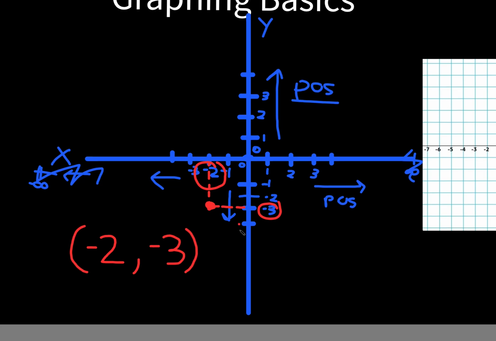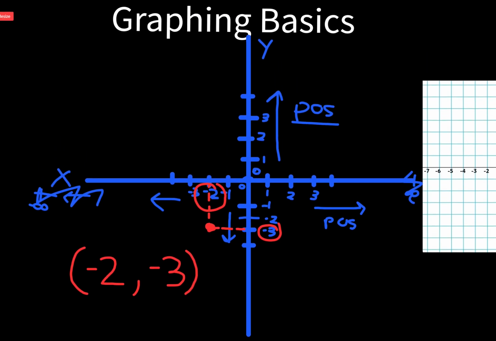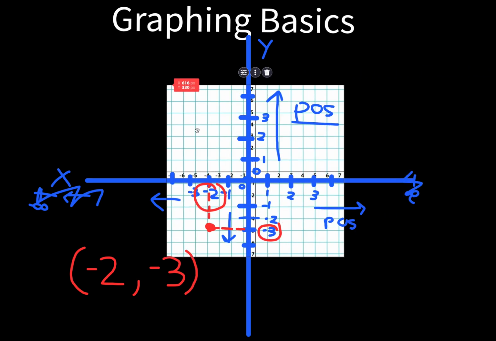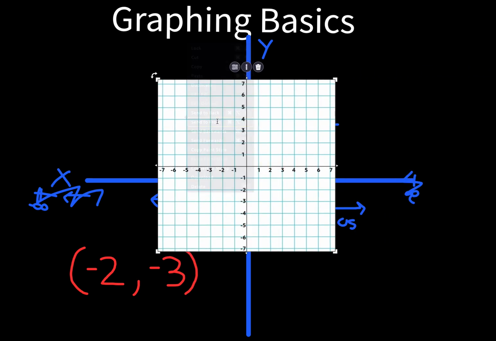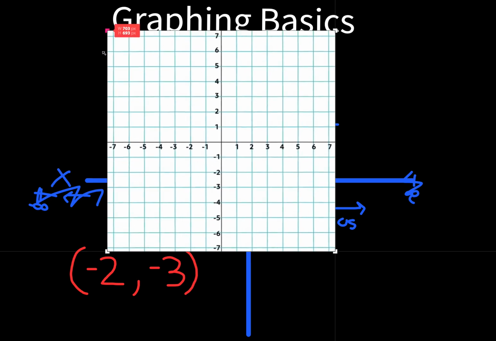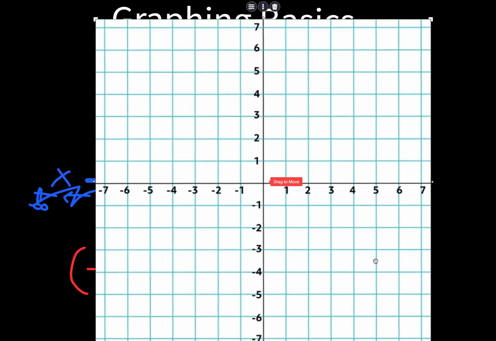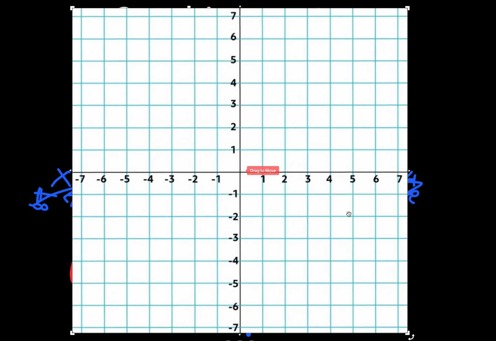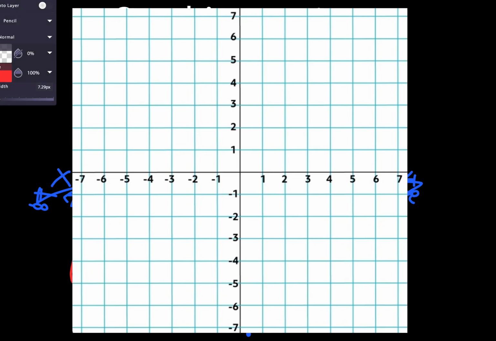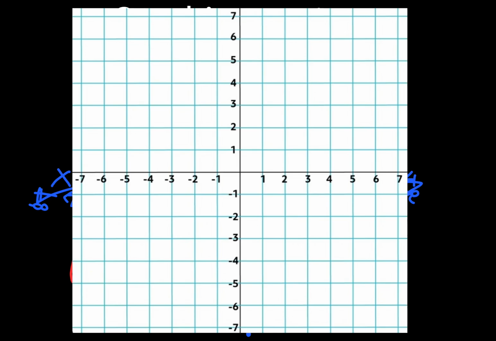So, let's go ahead and check out a larger plot where we can see everything super clearly. Not all graphing plots will have lines written out for you, but it is very helpful if, say, let's apply what we just learned. You wanted to graph a point that was located at 4, 1.